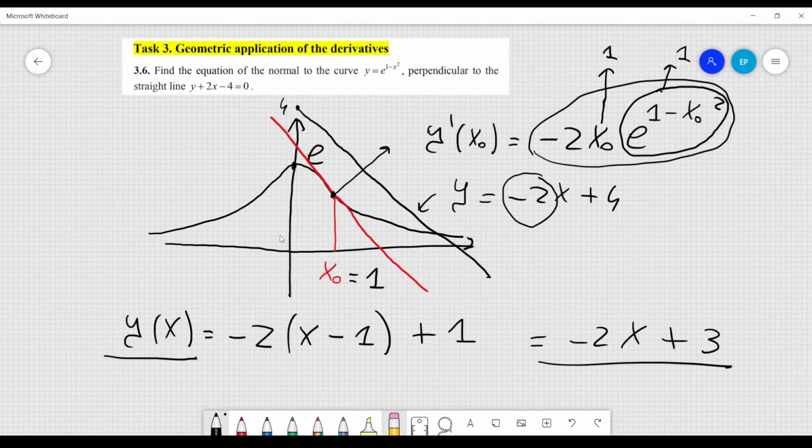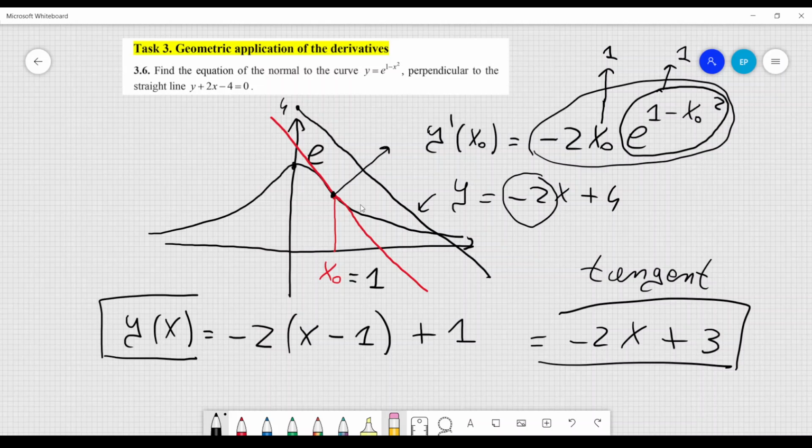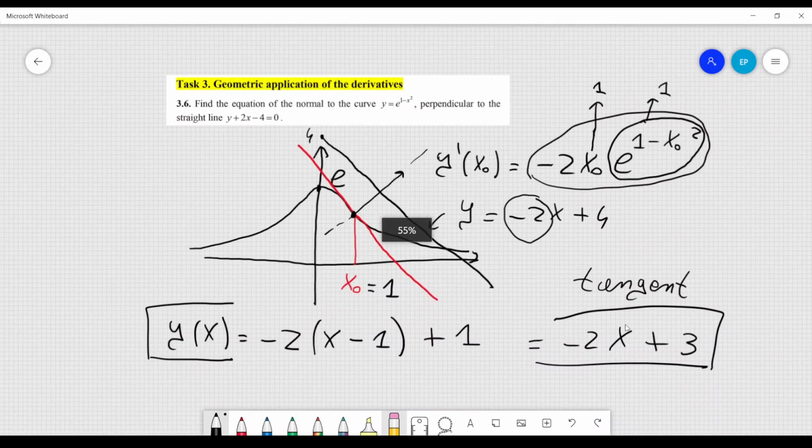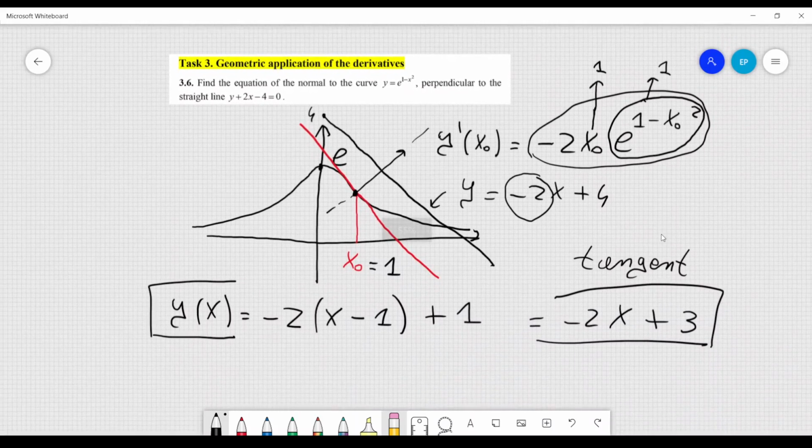And then the last step is to find the normal, because this is the equation of the tangent, the red line, but we also need to find the normal at the point x0. So how do we find the normal at the point x0?